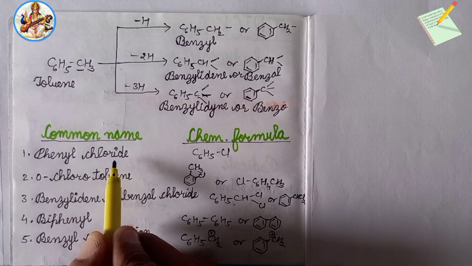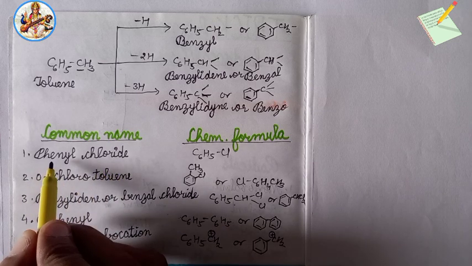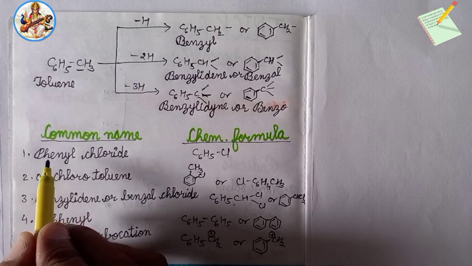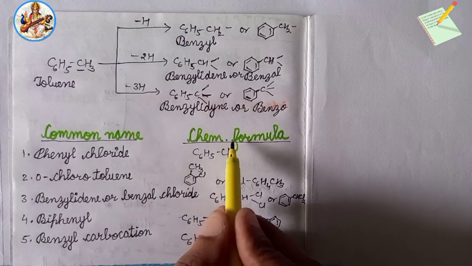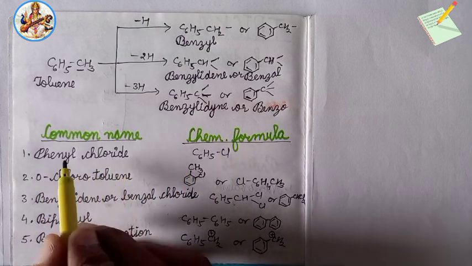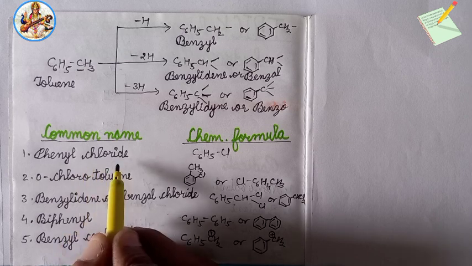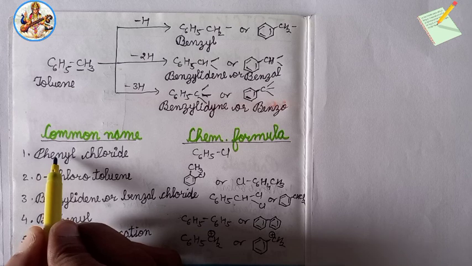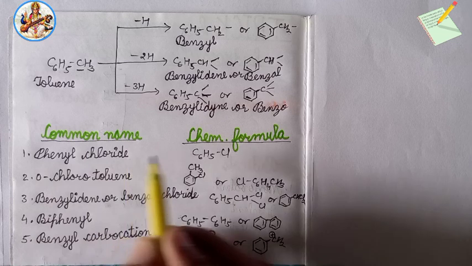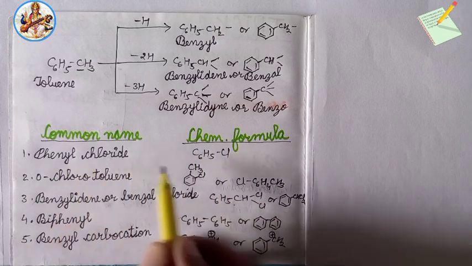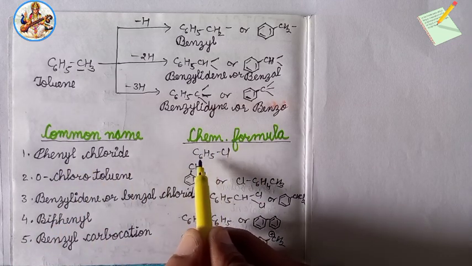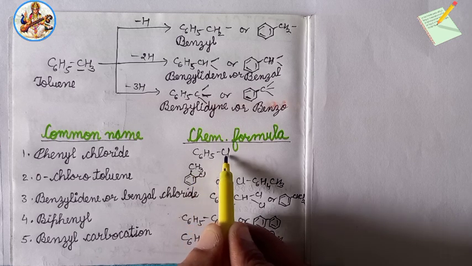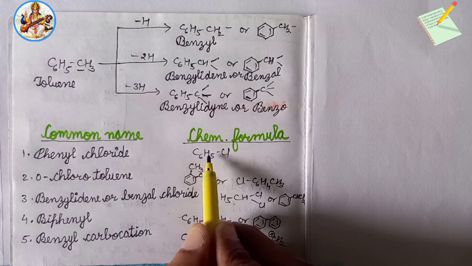If you don't know about the phenyl group, you can't write the chemical formula of phenyl chloride or aryl chloride. So, when a Cl atom is attached to the monovalent phenyl group, then we obtain the chemical formula of phenyl chloride. So, the chemical formula is C6H5Cl. Here, the chlorine atom is directly attached to the benzene ring.